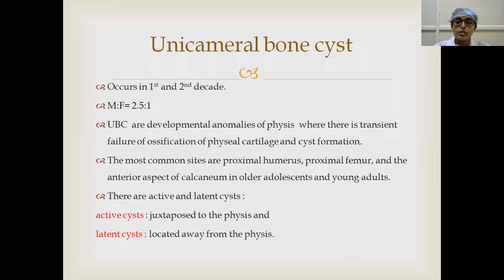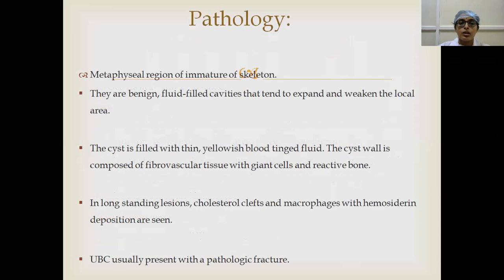The most common sites are the proximal humerus, proximal femur, and anterior aspect of the calcaneum. So these are the common locations of unicameral bone cyst. Coming to the pathology, it is a lesion of the immature skeleton, unlike enchondroma, which is seen in the mature skeleton.